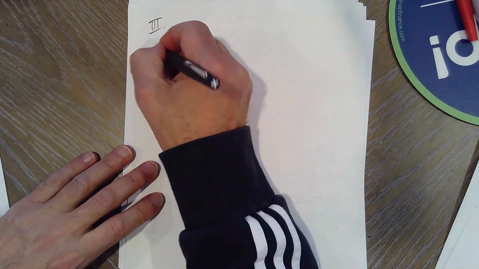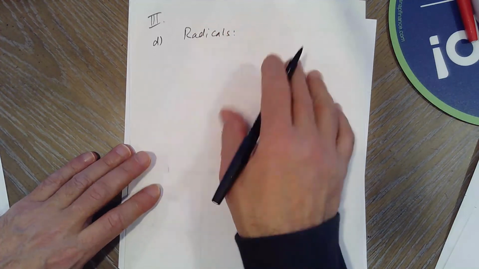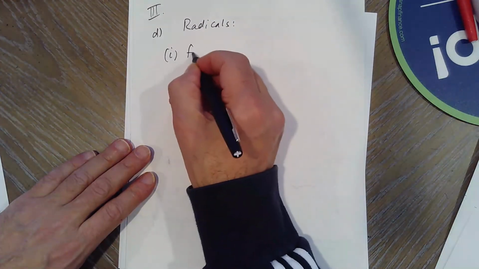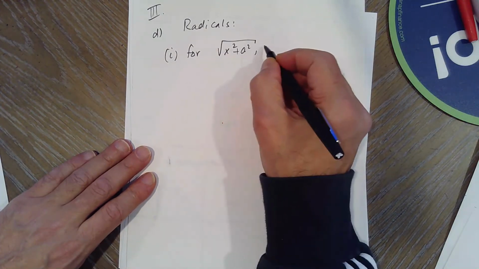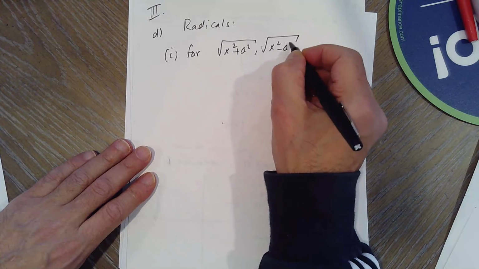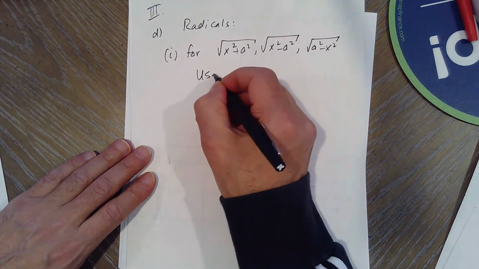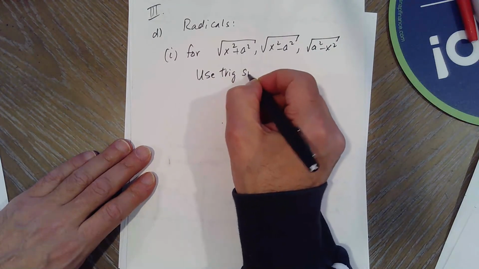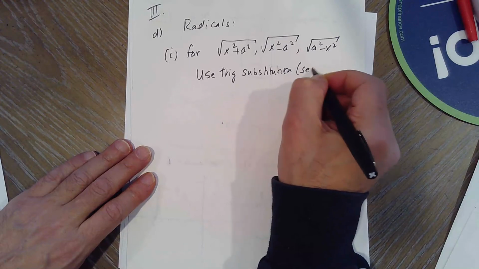And then number 3, part D, radicals. If you have radicals of the form square root of x squared plus a squared, square root of x squared minus a squared, or square root of a squared minus x squared, use trig substitution, which is section 7.3.